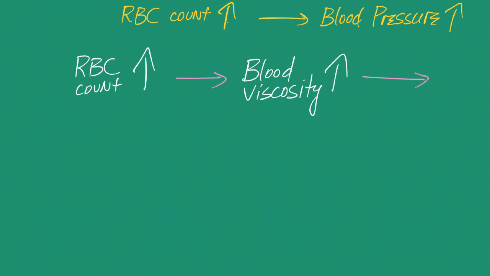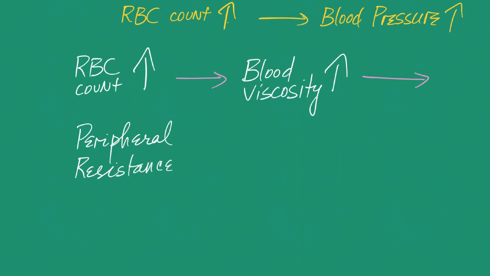When blood viscosity increases, we know that resistance increases. So peripheral resistance increases. When we talk about blood, we talk about it in terms of peripheral resistance. Peripheral resistance increases. And when that increases, blood pressure increases as well.